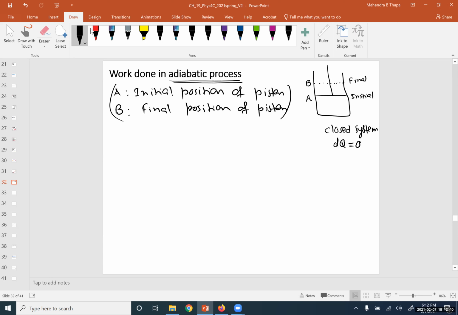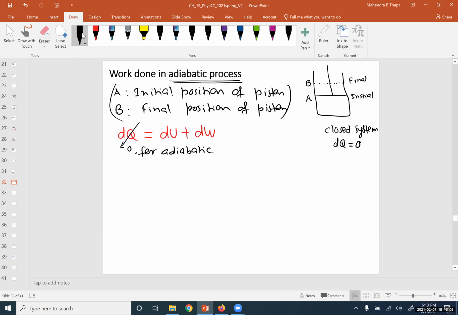But this is the adiabatic process, so no heat enters or leaves the system. Okay, so let's start with our original equation of the first law: dQ equals dU plus dW. So this dQ will be zero for this adiabatic process.